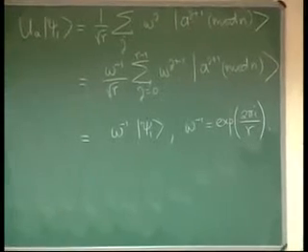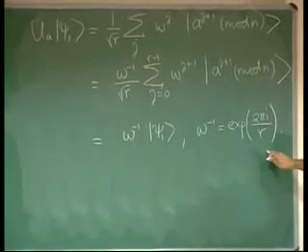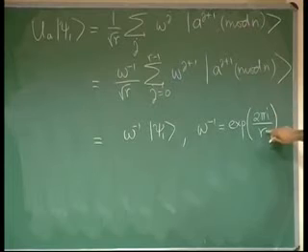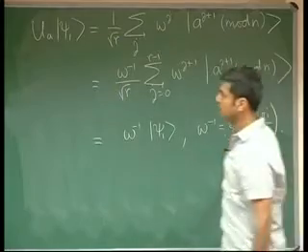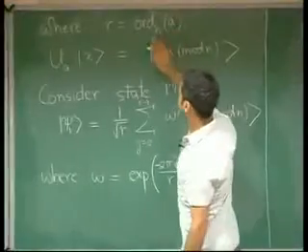Okay. Now why is this interesting? It's interesting because this phase contains exactly what we wanted to compute, R, which is the order of A with respect to n.